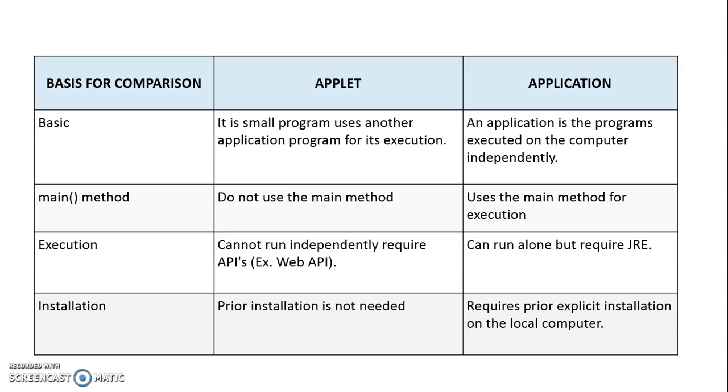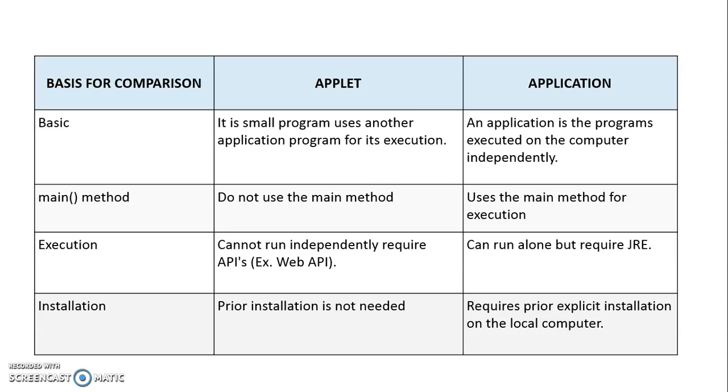For execution type comparison, an applet cannot run independently. It requires an API, for example web API. But applications can run alone.